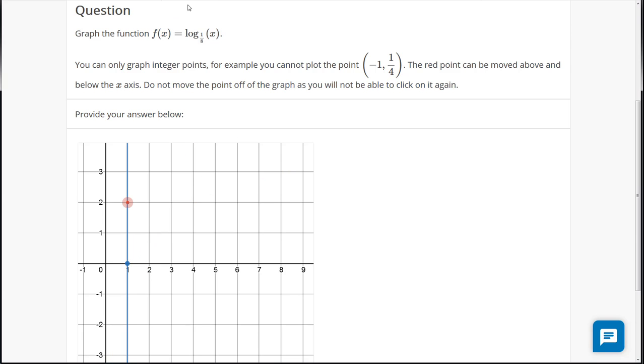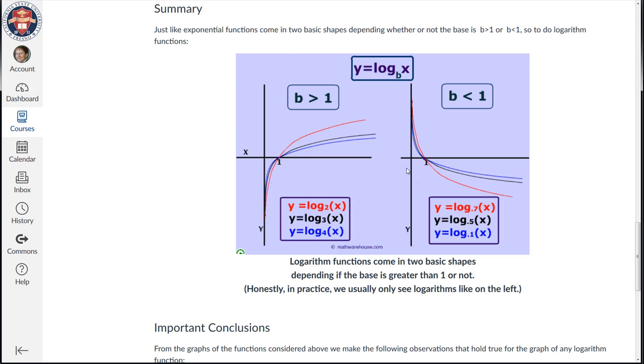But that's actually okay, because if you think about what the graph of a logarithm looks like, remember this: if the base of the logarithm is greater than 1, then the logarithm is always increasing as we move to the right. And notice it always goes through the point 1, 0.